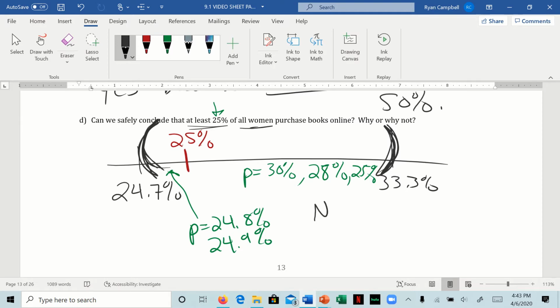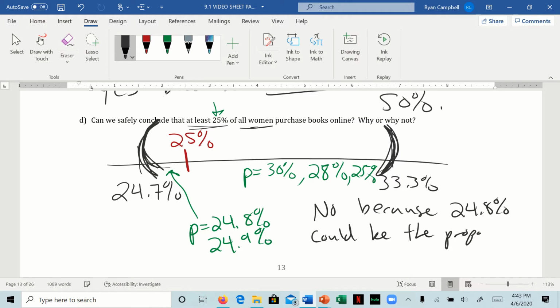So another way to say that is no, because 24.8% could be the proportion, which is less than 25. You could also say no, because 25% is within the confidence interval.